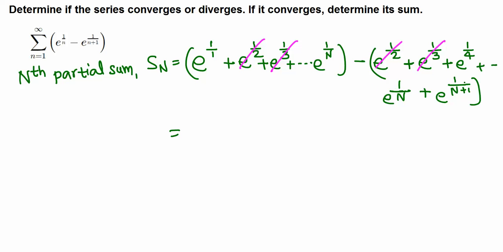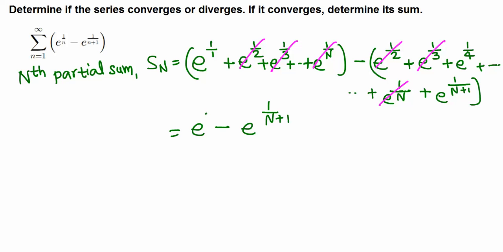And this is plus dot dot dot plus. But when we distribute, this is essentially negative e raised to 1 over n, here is positive e raised to 1 over n, so this would cancel with this. So the very first term, e raised to 1 over 1, just e raised to 1, minus e raised to 1 over n plus 1.